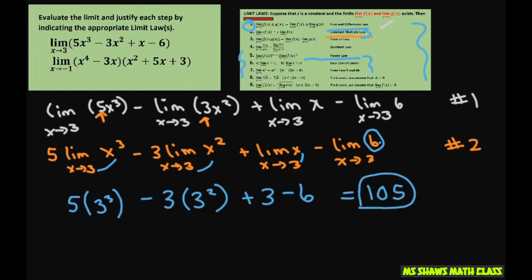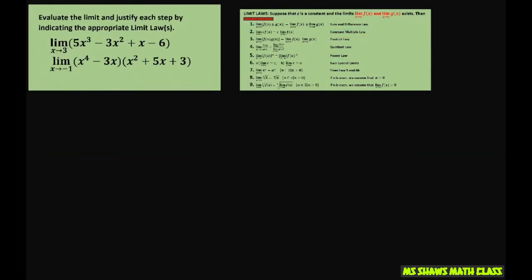All right, and the next polynomial is this one. Let's use some of our rules. We're going to use number 3, the product rule.